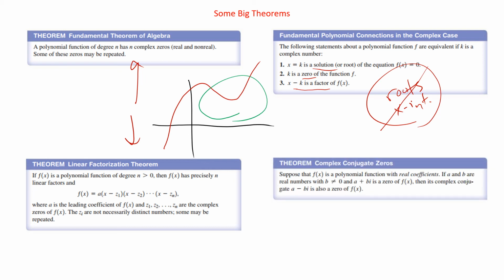And then another theorem, the complex conjugate of zeros. What this one says is that if you have a complex number that has a conjugate, then its conjugate is also a root. And so if 2 plus 3i is a root, then 2 minus 3i is a root.